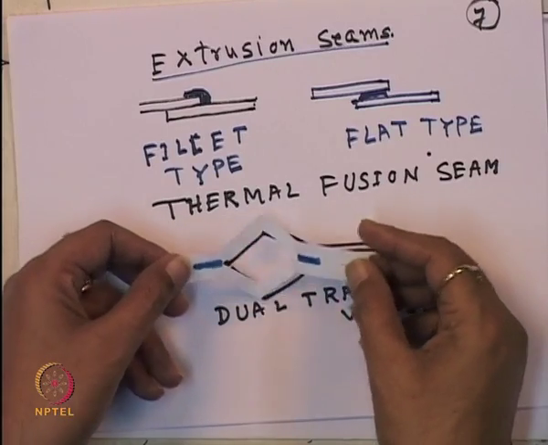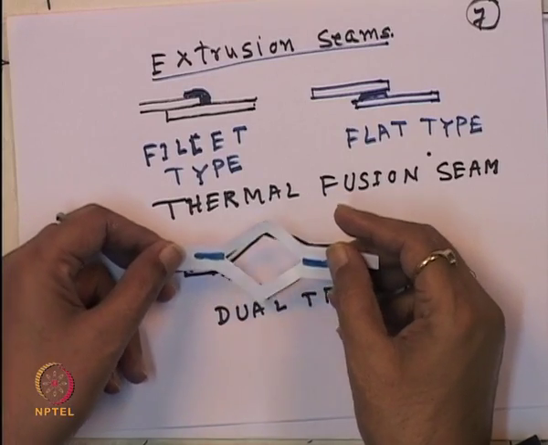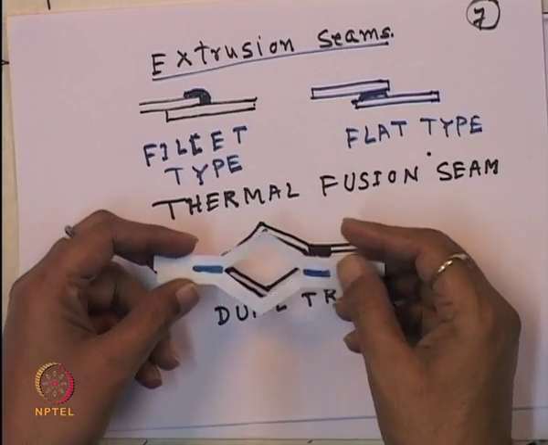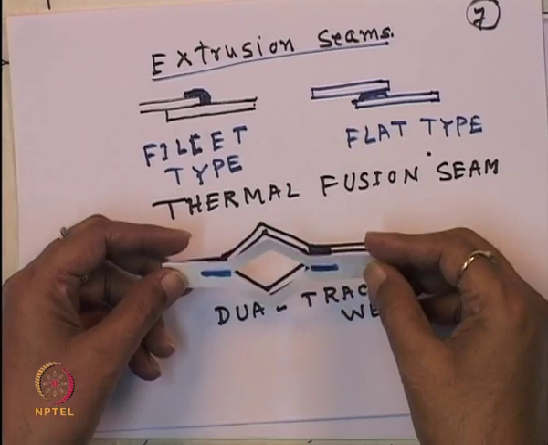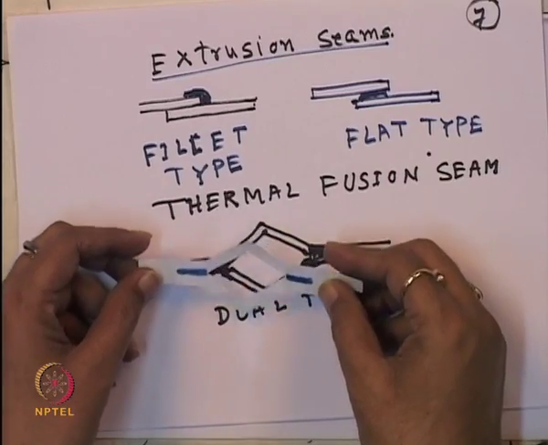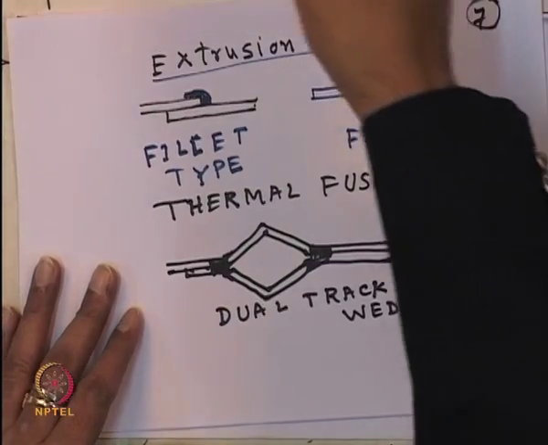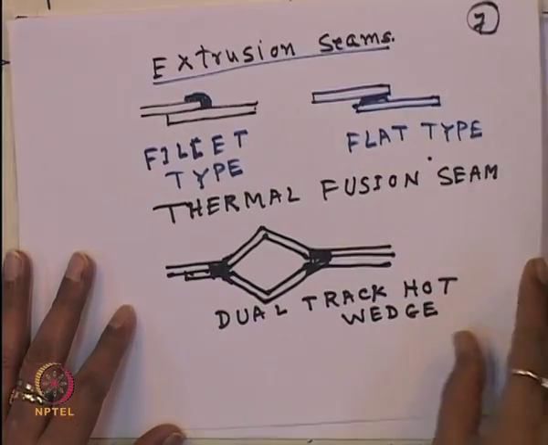So, this kind of seaming, geomembrane seam, is essential for the construction site. This is very good seaming. So, you can see various types of seaming, but dual track hot wedge is the best suited for the construction of any project.